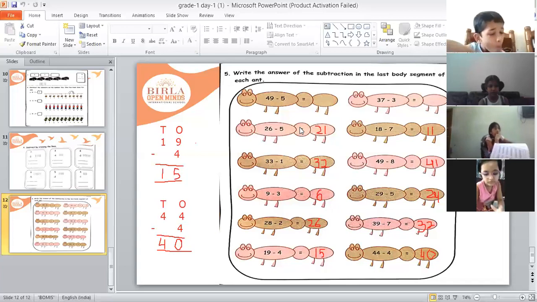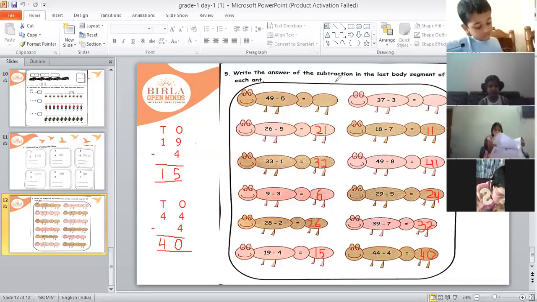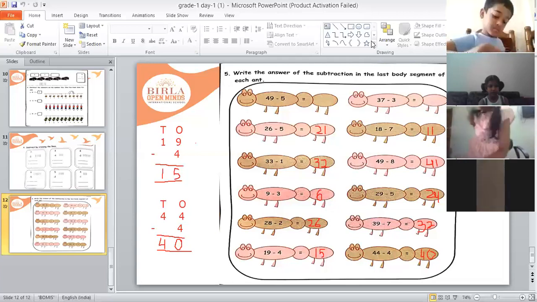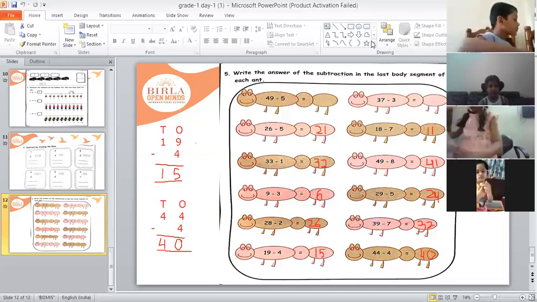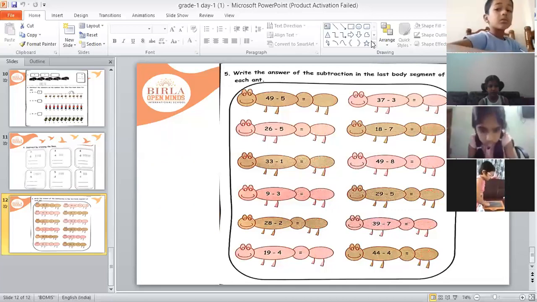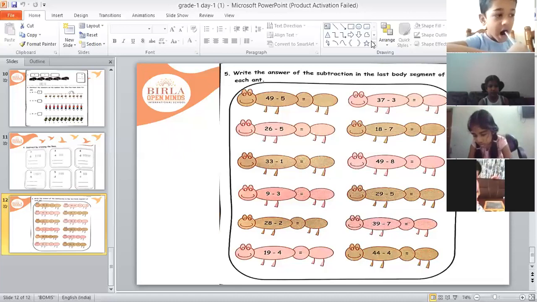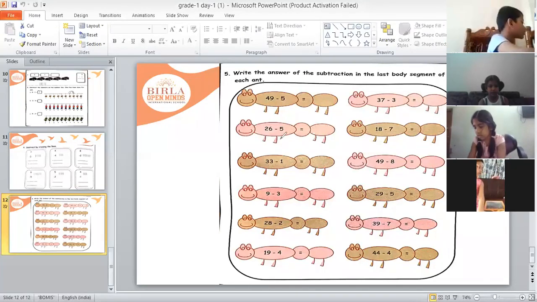Yes, children, now open page number 6 of your math course book. Write date and classwork on page number 6.